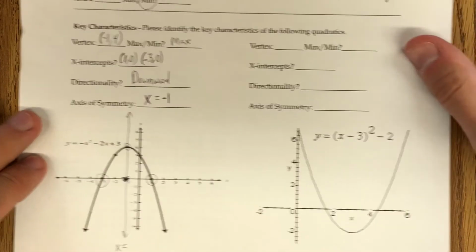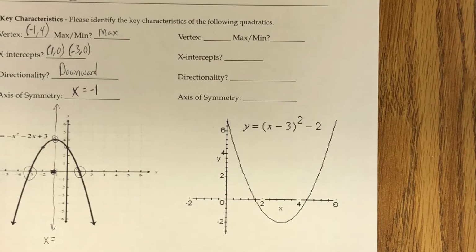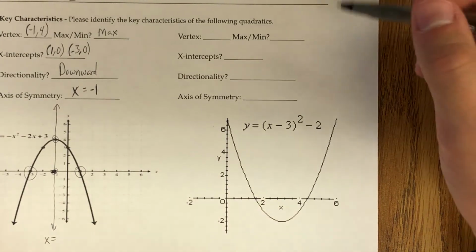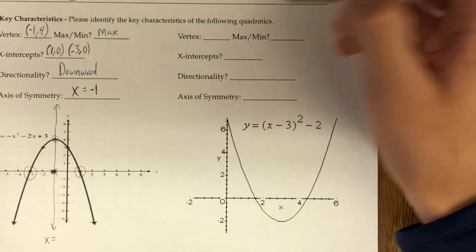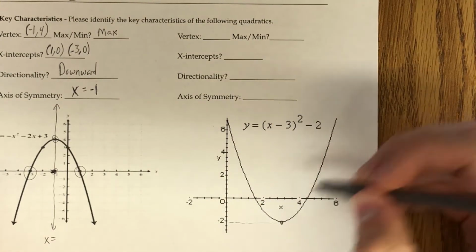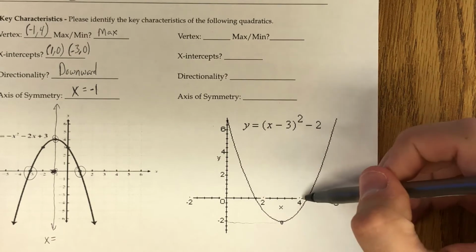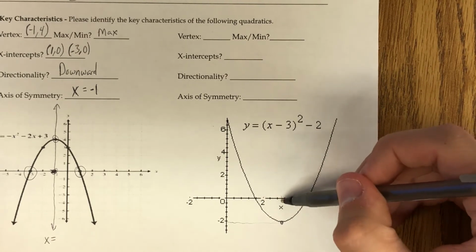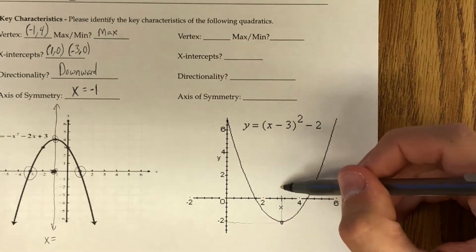Okay. All right. Let's look at another together. Over here, start by identifying the vertex. That's our high or low point. It looks like we have a point at -2, right in between here looks to be about 3.